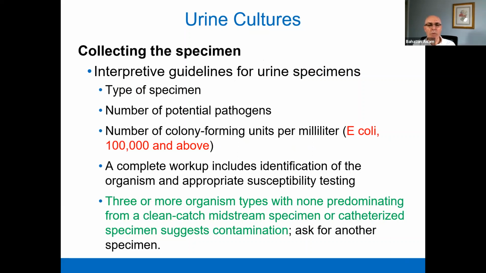The type of specimen is important. The number of potential pathogens in a urine culture is important. You may see a few pathogens, but it doesn't make sense. For example, to report a urinary tract infection caused by E. coli, the number of colonies should be above 100,000.